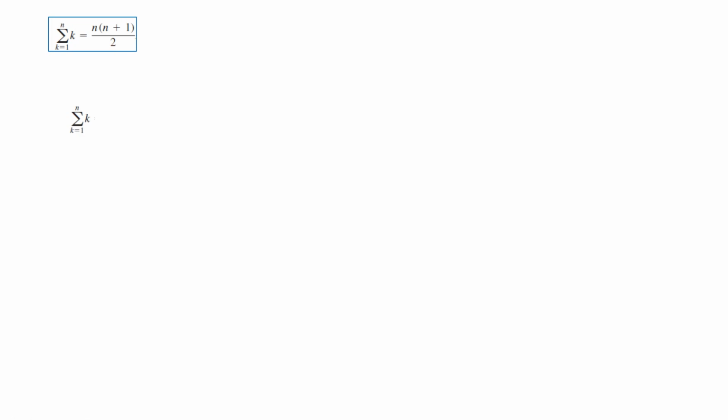First of all, the left hand side of the equation is considered, and as I told you, it can be written as 1 plus 2 plus so on up to n. This is written in forward order, that is, the lowest term first and then the greater one, then the greater one, and the highest term is written at the end.